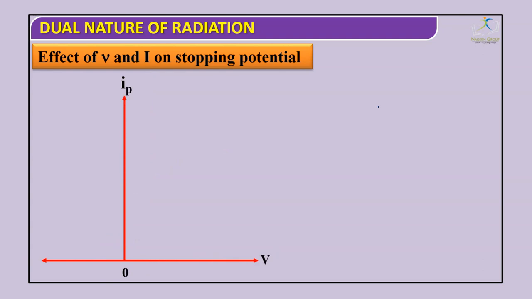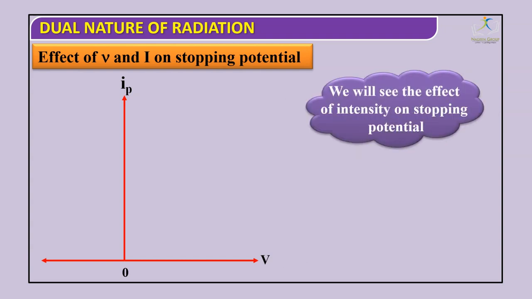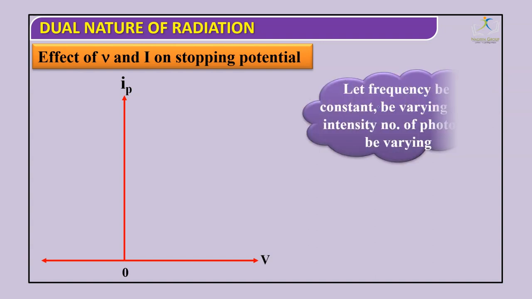The second graph which we have to make again has stopping potential versus photoelectric current. We will see the effect of intensity on the stopping potential. When the frequency is constant, the intensity, that is the number of photons, is varying.